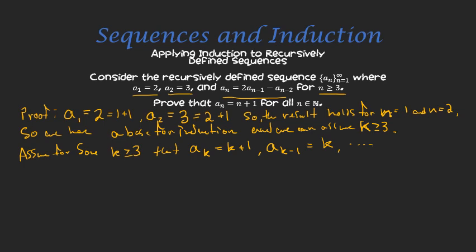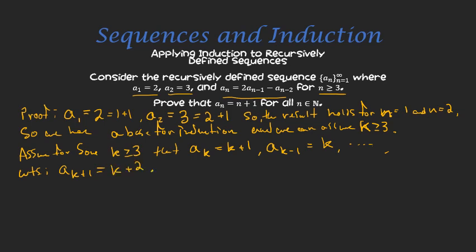So we get to assume all those things are true. Then we want to show that a_{k+1} is equal to k plus 2.